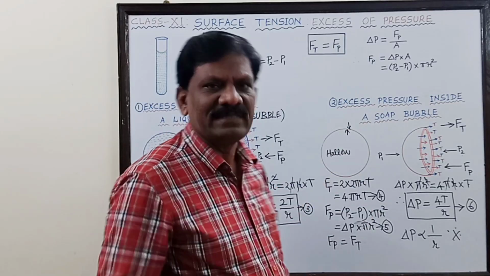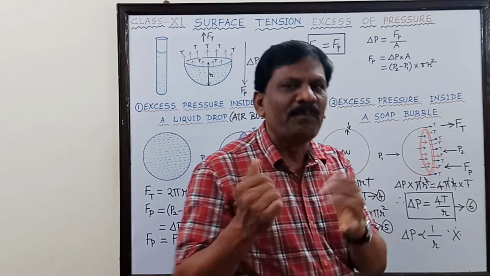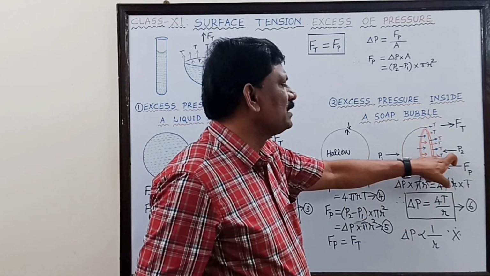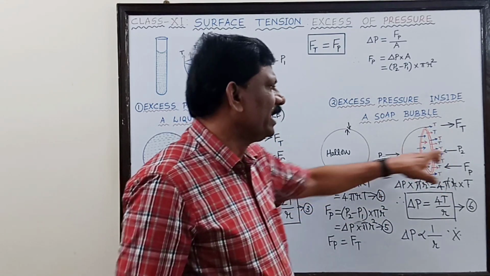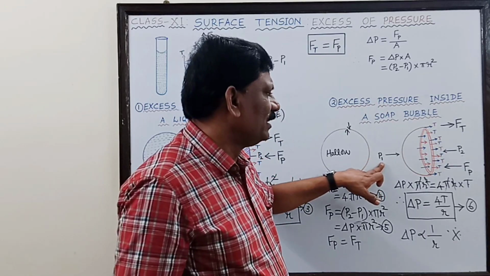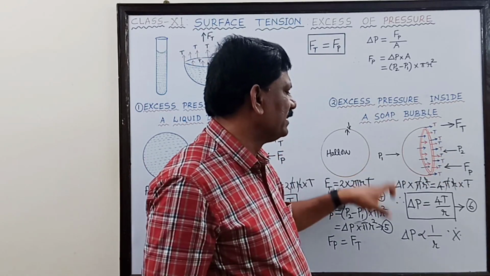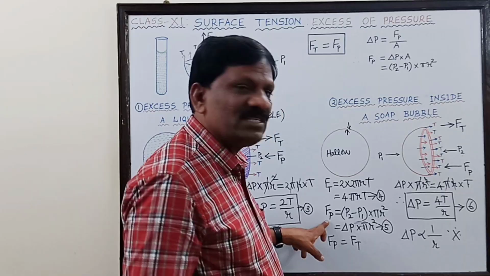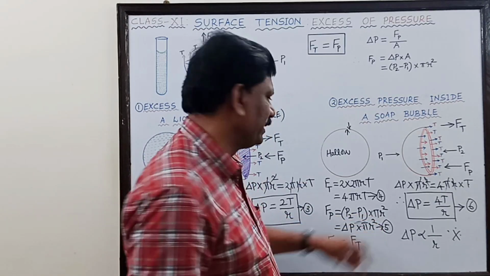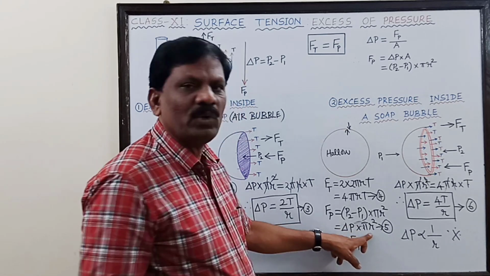Now also there is a pressure difference which is going to compensate the force due to surface tension. So P2 must be greater than P1. Liquid pressure must be greater than the vapor pressure. Therefore P2 minus P1 is delta P. So the force due to the change in pressure must be equal to P2 minus P1 into pi r square, or delta P into pi r square.